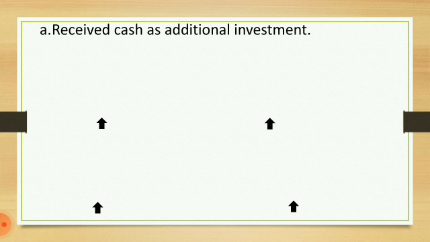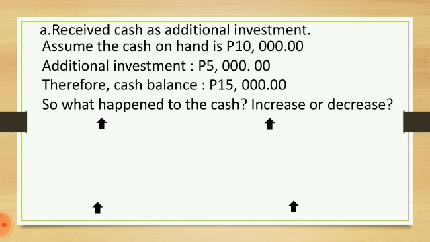Because take note, going back to the previous discussion that I have mentioned in the previous video, every transaction has dual effects. There are probably two accounts involved or more than two accounts involved. There's a dual effect. There is a debit and there is a credit. So let's analyze. Let's assume that your cash on hand is 10,000.